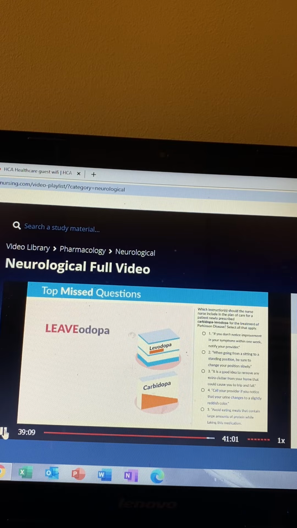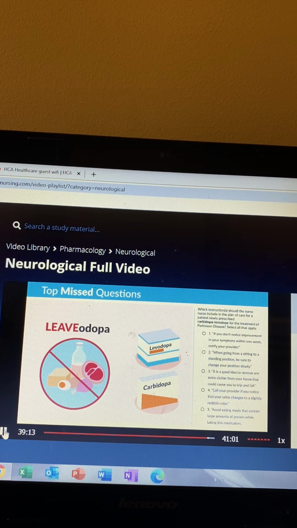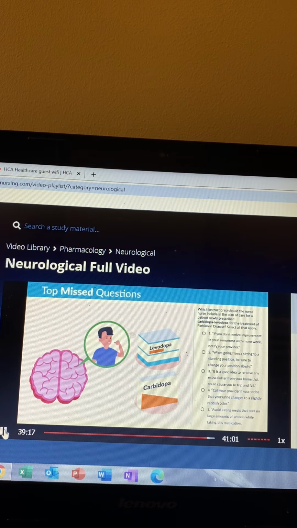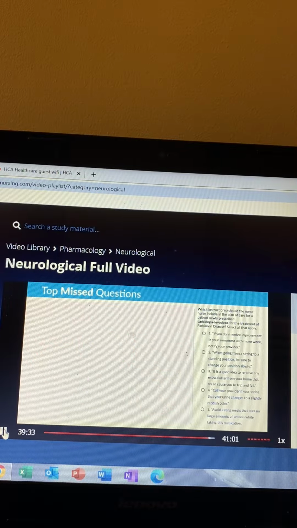Number 1, with levodopa we have to limit the protein since it decreases the absorption of this drug. And 2, levodopa leaves more dopamine inside the brain. The side note is any drug that acts on the neurotransmitters, the dopamine inside the brain, typically affects balance and typically takes a long time to kick in. So now let's look at the options here.